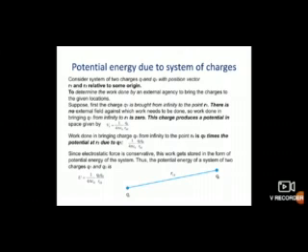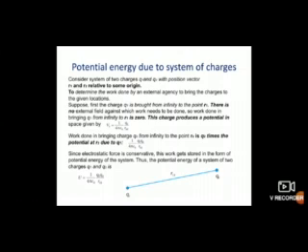First, we bring Q1 from infinity to the point. In bringing this charge, the work is done, but it is not done against any external field, because only the charge Q1 is brought alone from infinity.